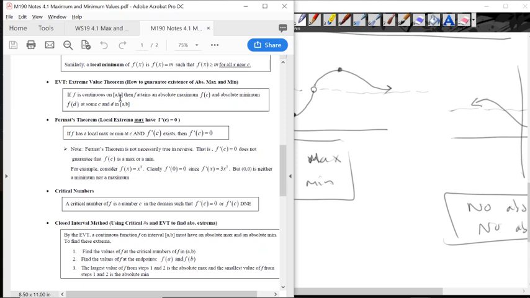As a result of the extreme value theorem, along with Fermat's theorem, which has to do with the critical numbers, we'll be able to say that a continuous function on a closed interval must have an absolute max and absolute min, and furthermore, we'll have a technique to locate exactly what that max and min are without using the graph, if we just had a symbolic function.